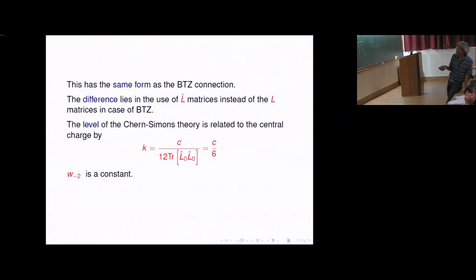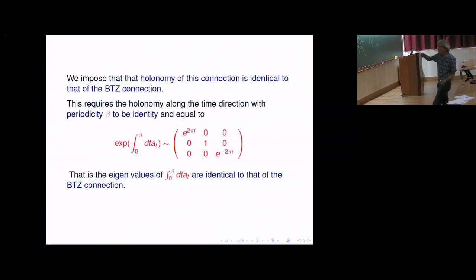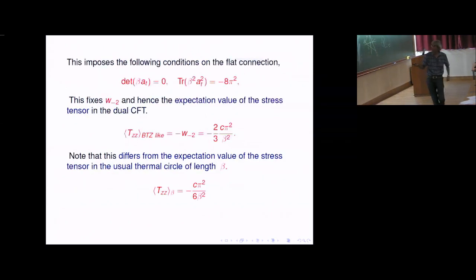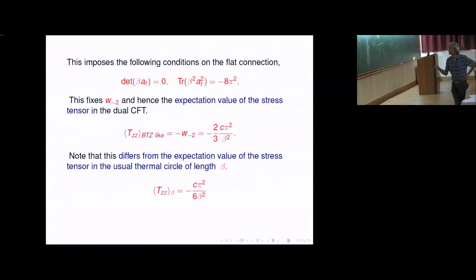The difference in the connection is that you're using different matrices, L hat versus L. And the level of the Chern-Simons is related by this. And if you impose the same holonomy condition as the BTZ, which is usually what is done, you can read out the stress tensor.